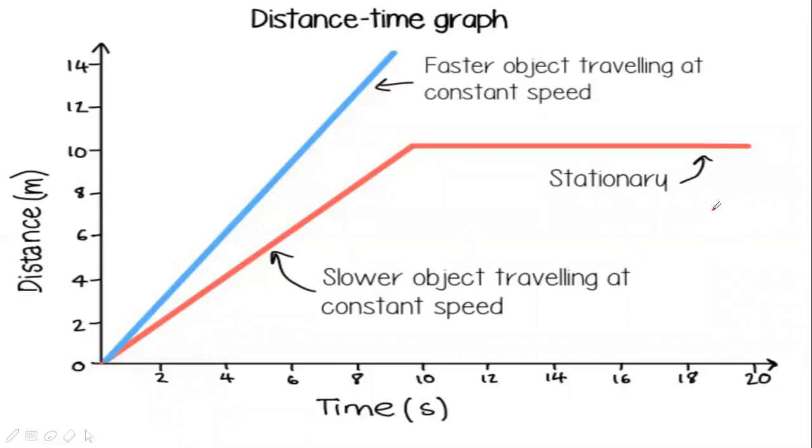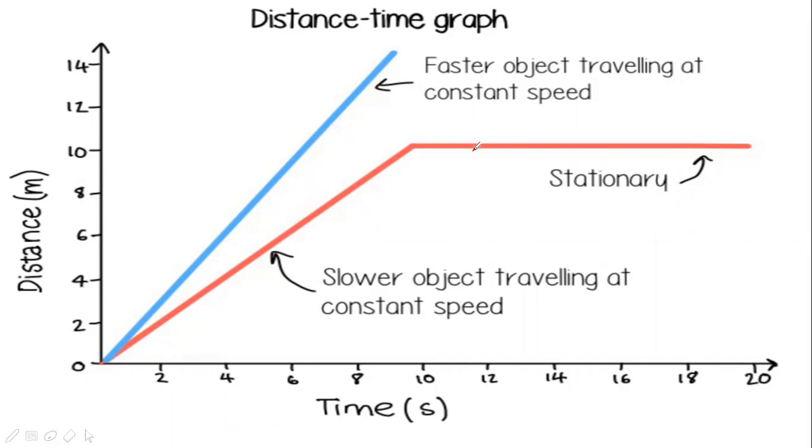In a distance time graph, you can tell a faster object traveling at constant speed because the line bends towards the distance axis. So it will have more acceleration as compared to this one. This graph is for stationary objects.